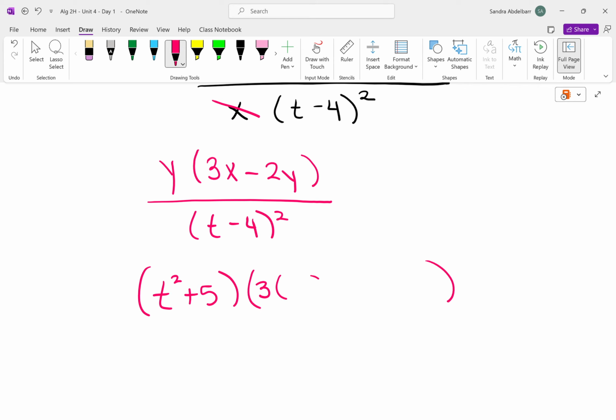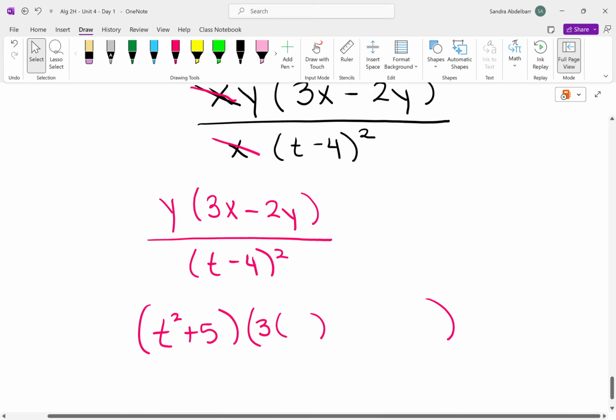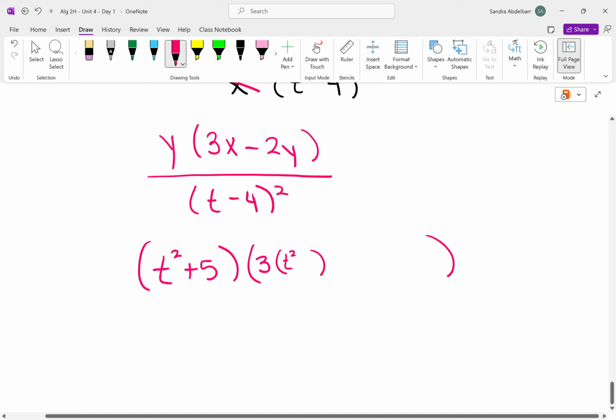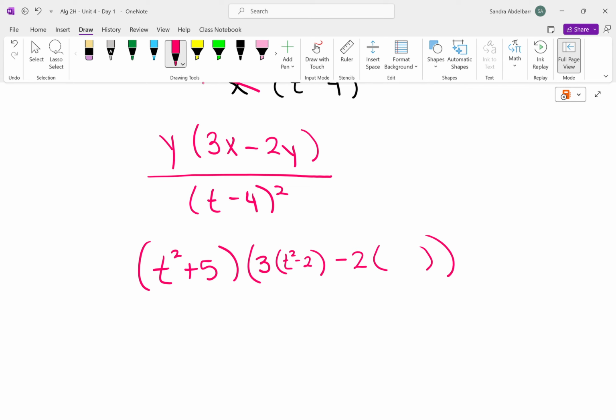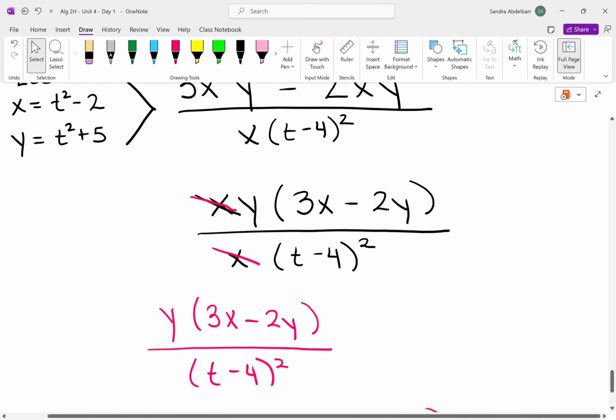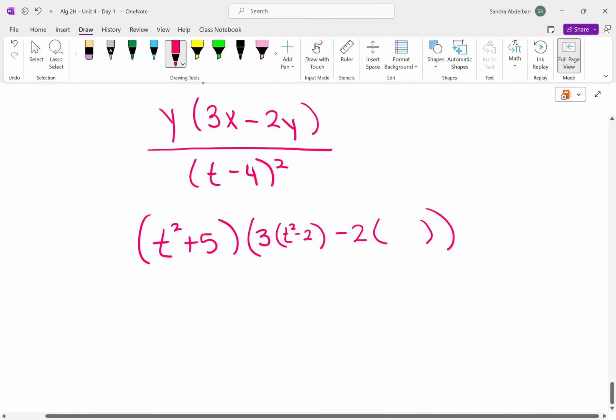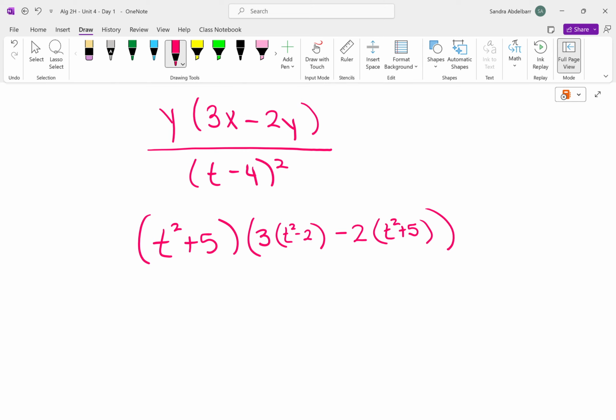We're going to have t squared plus 5 times, now there's going to be a lot going on inside these parentheses, 3 times, what was x? t squared minus 2, minus 2 times t squared plus 5, all over t minus 4 squared.